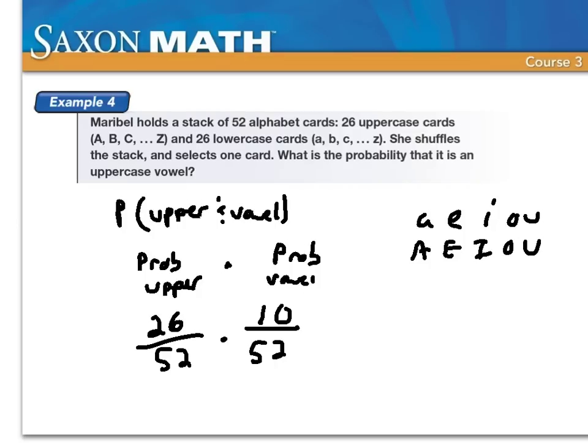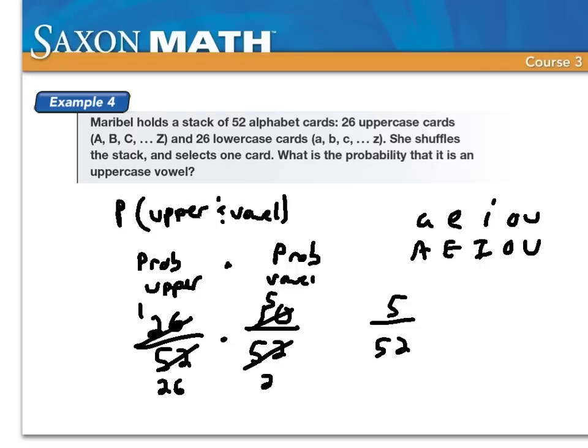The very first thing I would do is reduce them. 26 and 52 will reduce. 26 goes into 52 exactly twice. And 10 and 52 can reduce. 2 goes into both of those, so 10 divided by 2 is 5, and 52 divided by 2 is 26. Now I'm going to multiply on top. 1 times 5 is 5, and on bottom, 26 times 2 is 52.